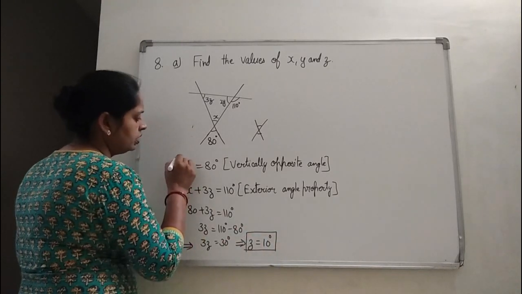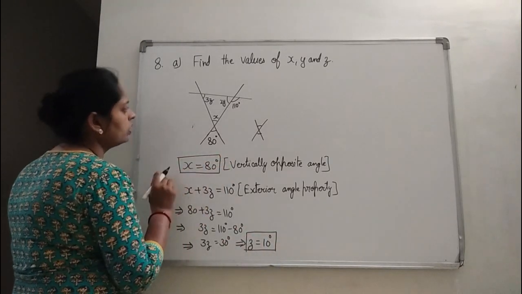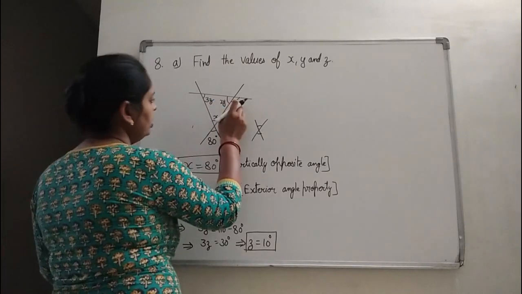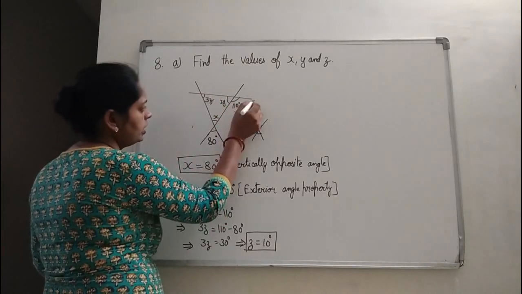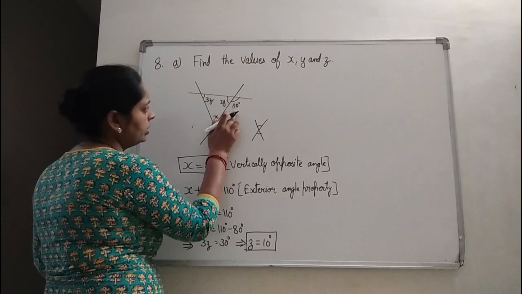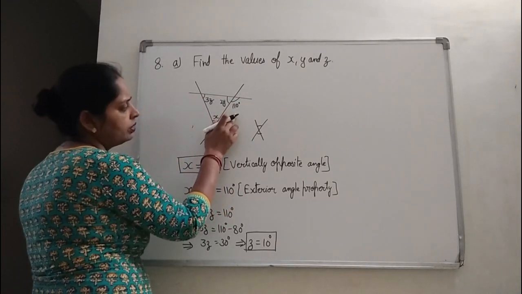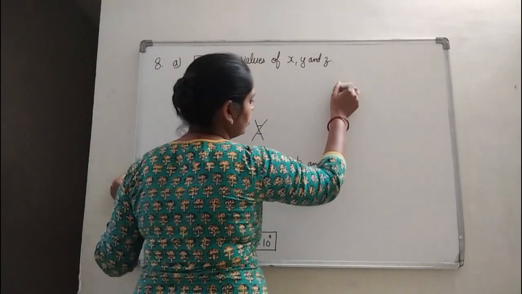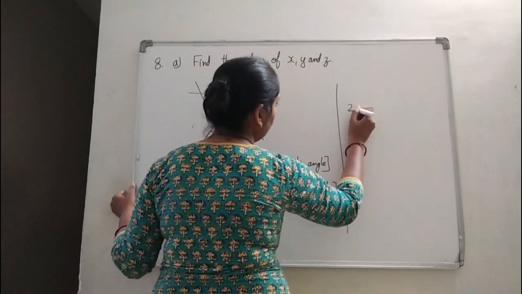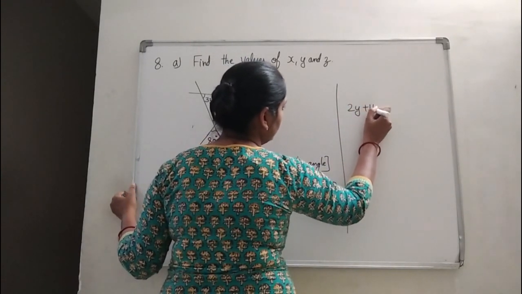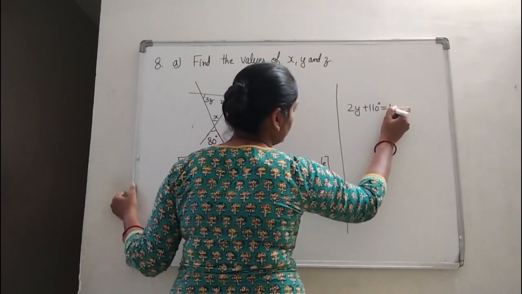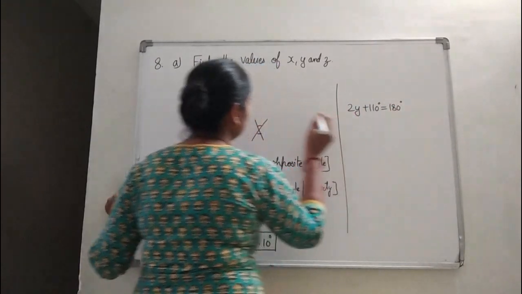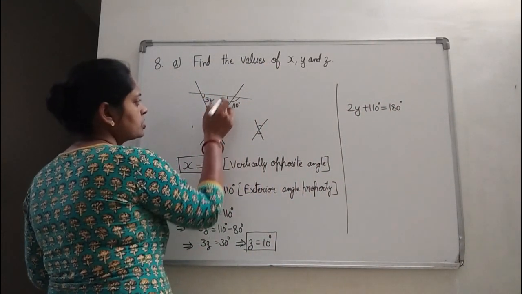We also have calculated the value of x. Now we need to calculate the value of y. Here we can see that this is a straight line and 110 and 2y are making a linear pair. So 2y plus 110 degrees is equal to 180 degrees, because these two are making a straight line.